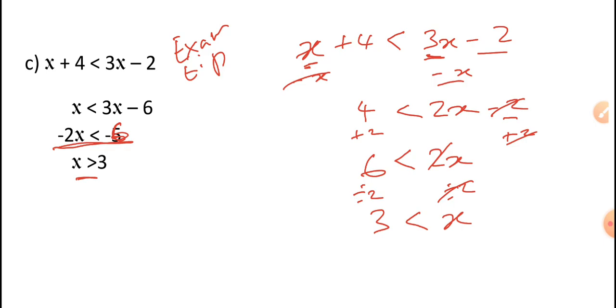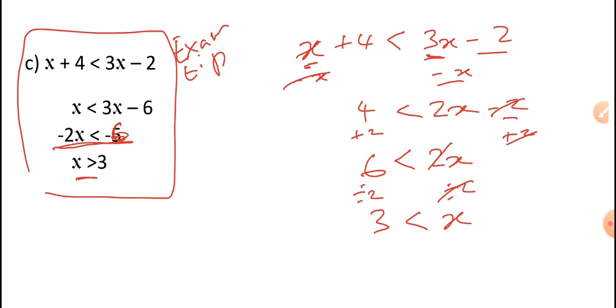We did not have to change the sign over because we did not have to multiply or divide by a negative number. So sometimes when you start a question off, think, do I want to take this approach and then have to change the signs here, or do I want to take this approach where there's no need to change signs?